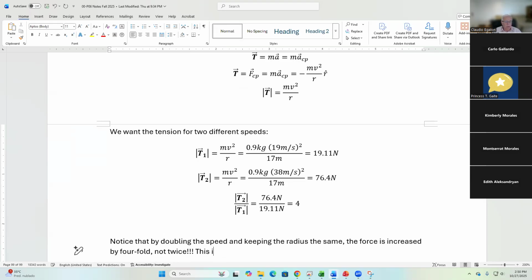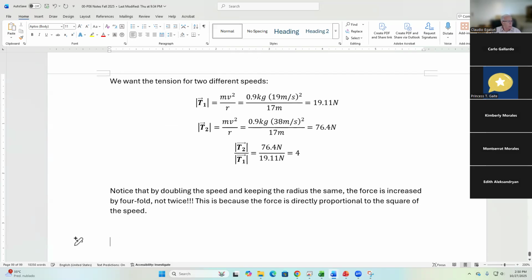This is because the force is directly proportional to the square of the speed. Okay?